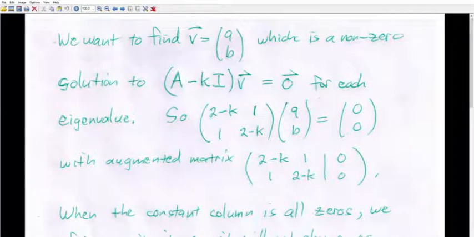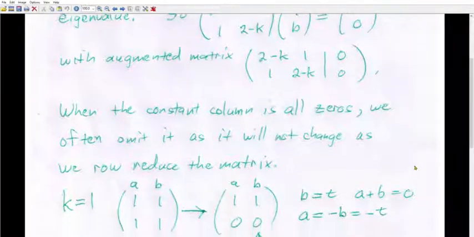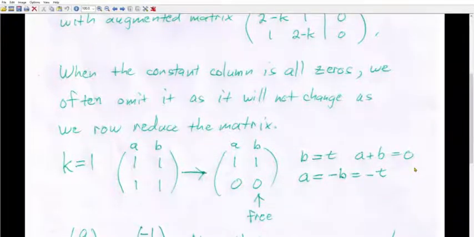Now, when the constant column is all zeros, any row operation that you do is going to leave those values still all zeros. So the constant column isn't going to change. It's always going to be all zeros. So most of the time we just omit it, remembering that when we finally solve the equations it's equal to 0.